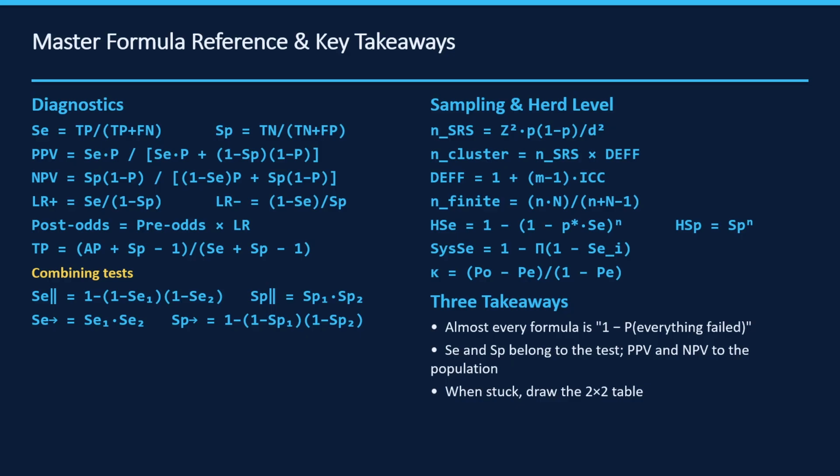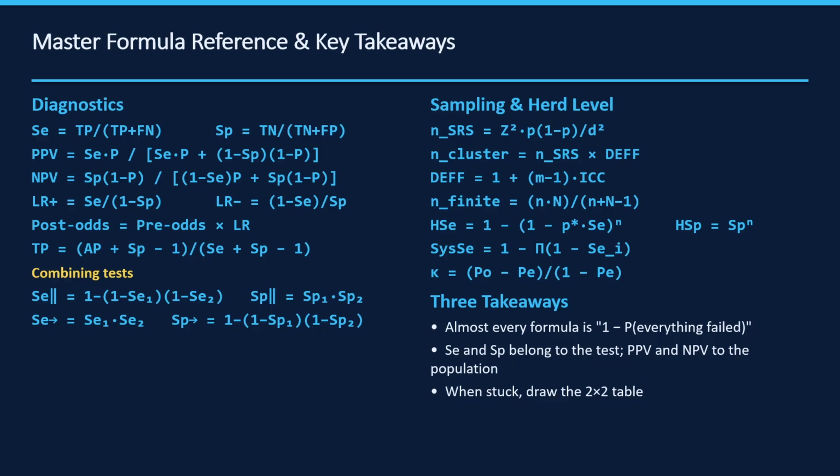One-page cheat sheet. The slide to photograph before the exam. Diagnostic basis. Sensitivity is true positives over true positives plus false negatives. Specificity is true negatives over true negatives plus false positives. And the Bayes forms of PPV and NPV. Likelihood ratios.